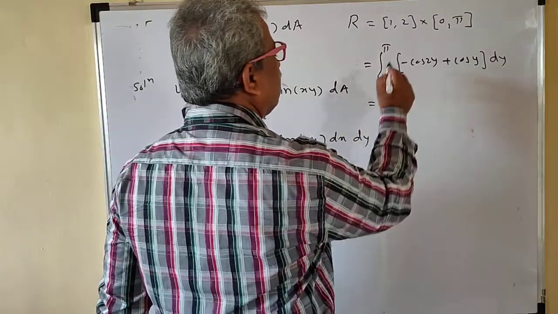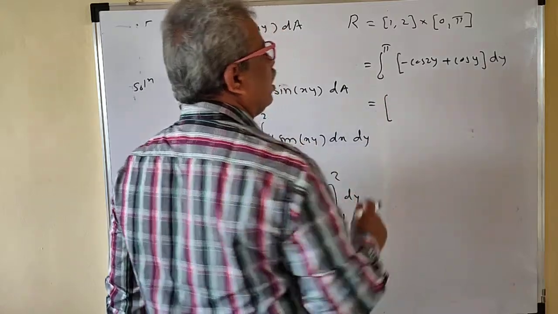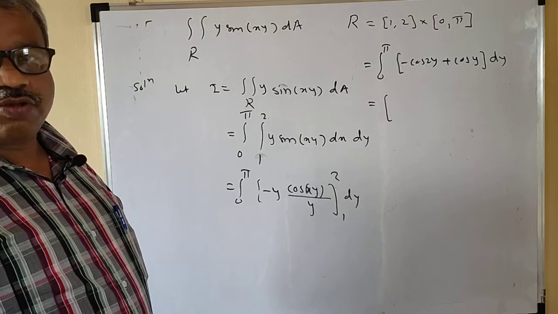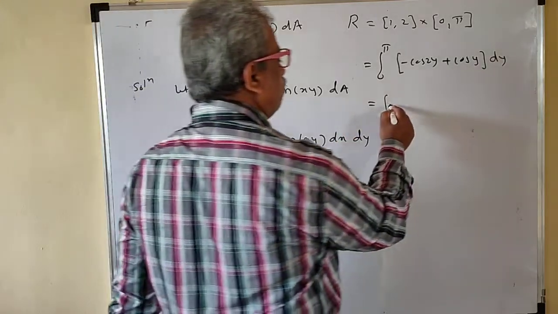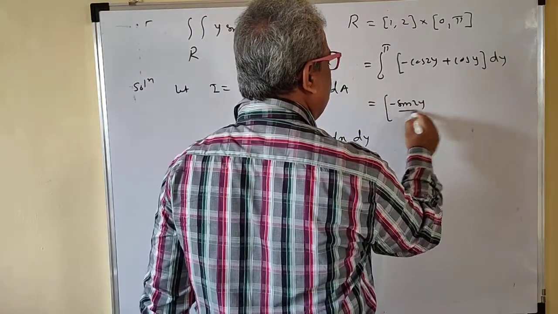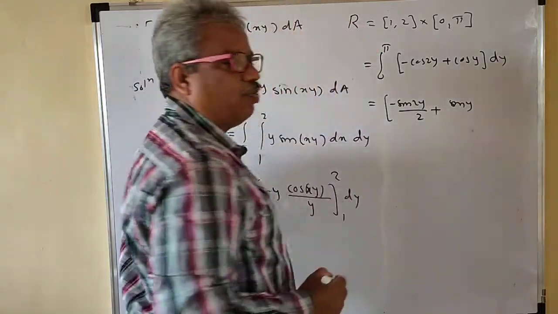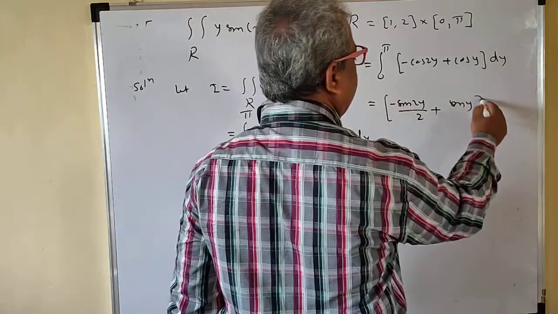Now we will integrate this. The integration of cos is sine, since the derivative of sine is cos. So this is minus sin(2y)/2 plus sin y, from 0 to pi.